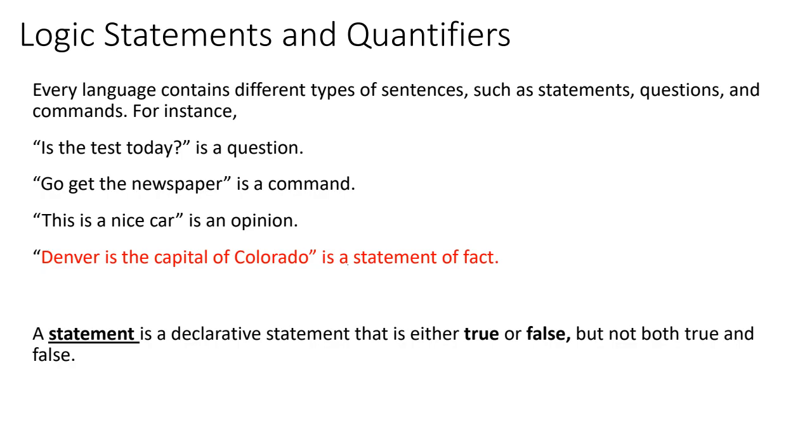That is something that we can say is true. If I were to say maybe Austin is the capital of Colorado, then we know that that's false. That would also be a statement. So statements are things that we can classify as true or false, but not both at the same time.